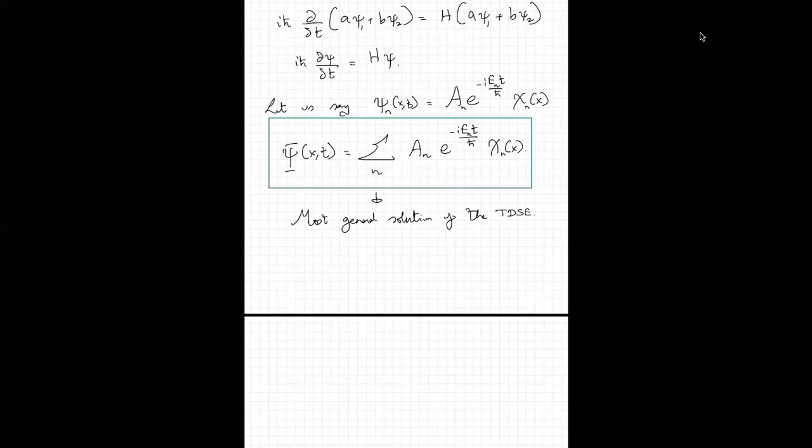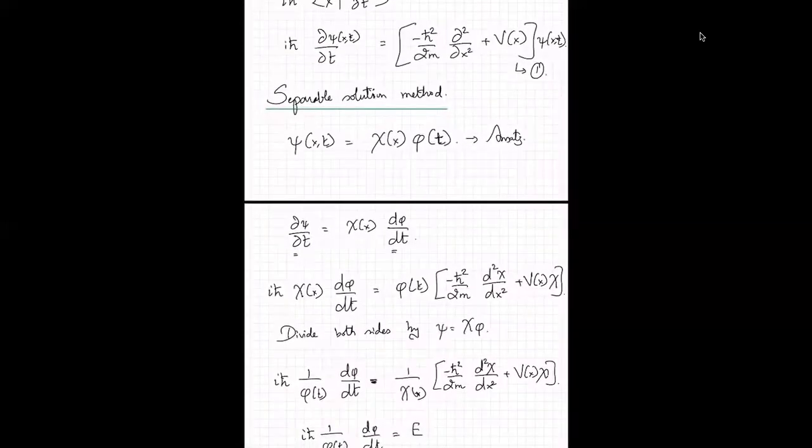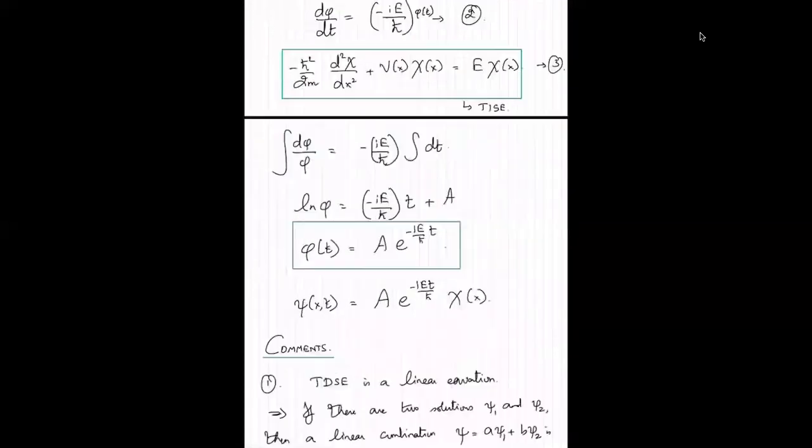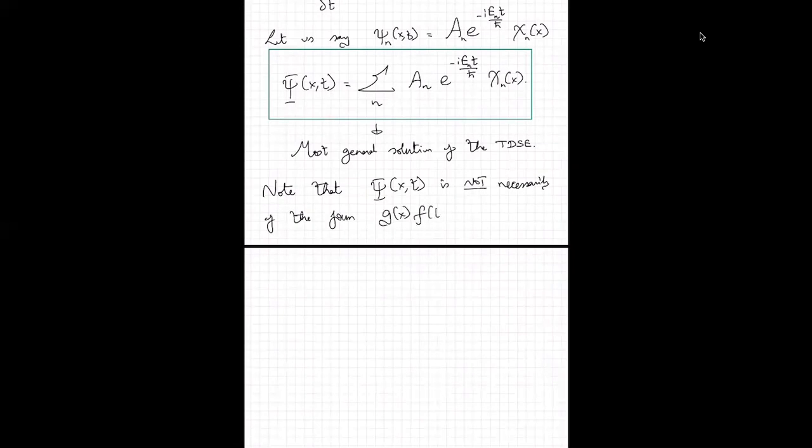And now this should answer the question as to why this separable solution ansatz is valid. Even though each one of the solutions is of the form chi of x times phi of t, a general linear combination will not be of the form chi of x times phi of t. Note that the general linear combination psi of x,t is not necessarily of the form some g of x times some f of t.